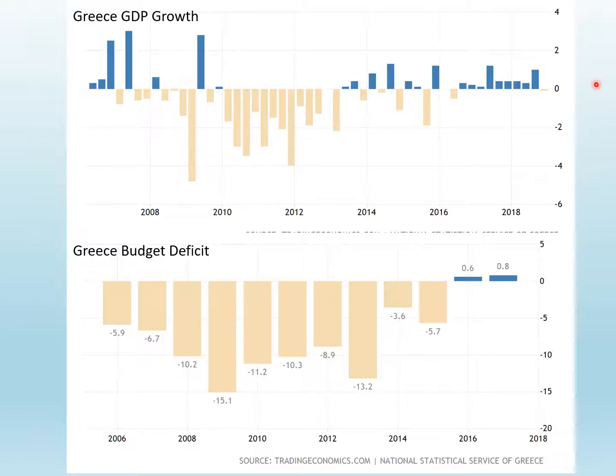And of course, the incredible austerity that was imposed on Greece has also helped to turn that budget deficit into a budget surplus. We've had long discussions in lectures about the desirability of what happened in Greece and the desirability of the Greek austerity. There's different opinions on the matter.